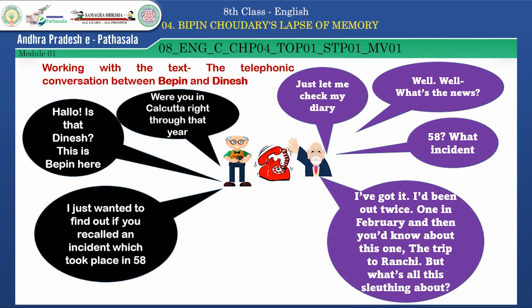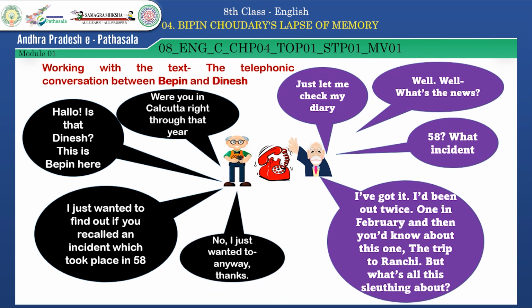I have got it. I've been out twice. One in February and then you know about this one. This trip to Ranchi. But what's all this sleuthing about? No. I just want to. Anyway, thanks. He abruptly ends the call.